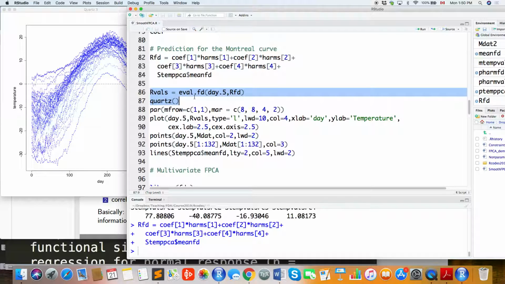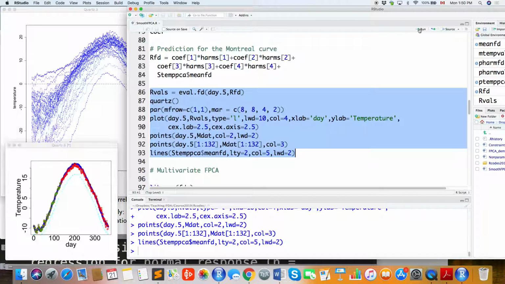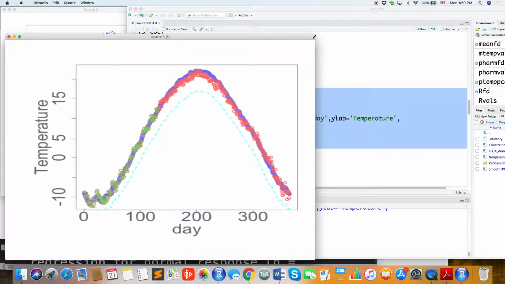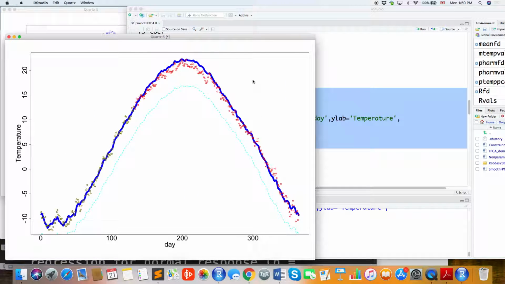Okay, now let's plot how the prediction looks. Here, these black dots are the observed Montreal temperature, and these blue solid lines are the predicted Montreal temperature using just the first 132 days of data.